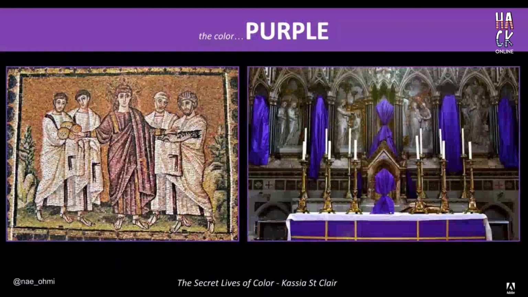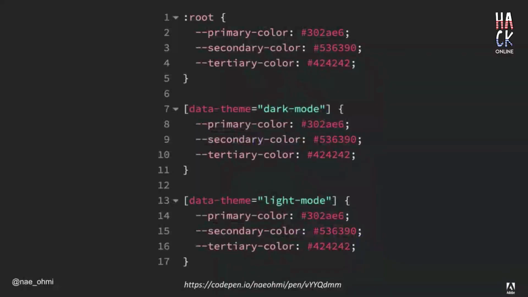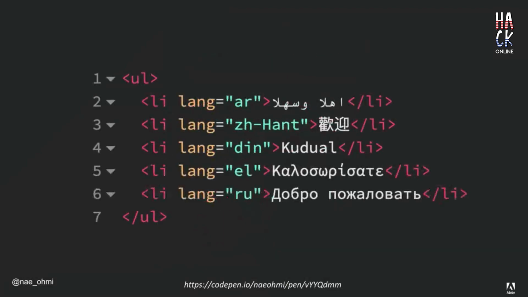So we have the tools in our CSS and JS toolbox to build different color modes or color themes. Here is a simple example where we have dark mode and light mode. So technically, we could apply this same logic to languages or regions.